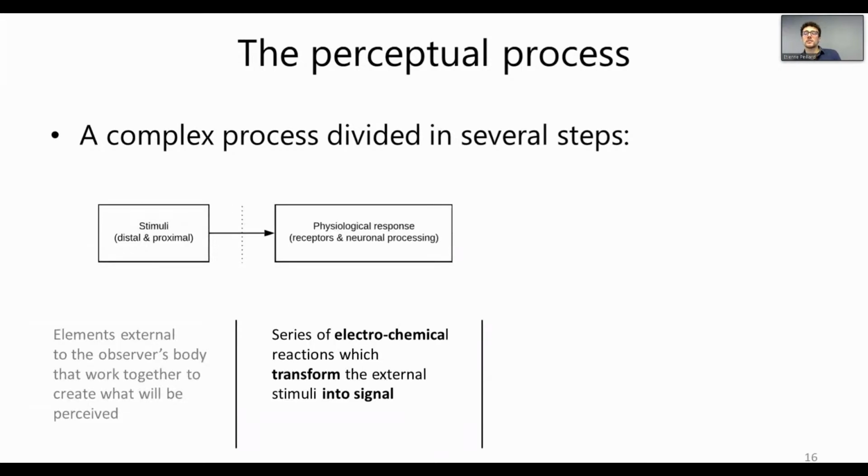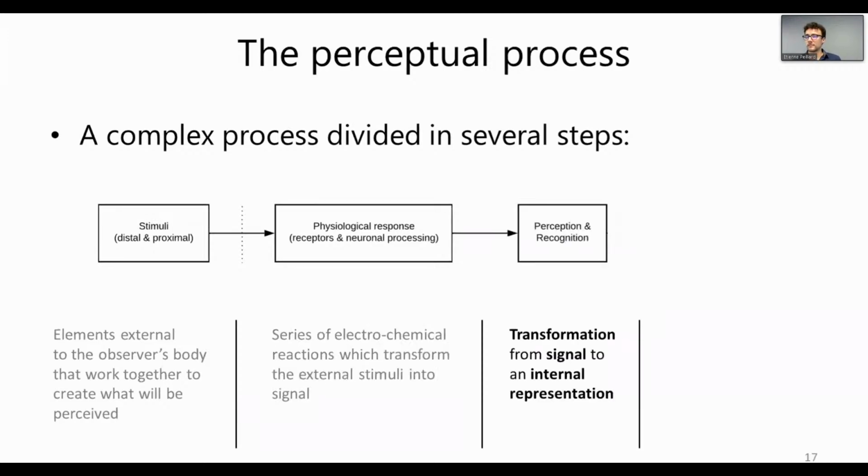Then are the psychological responses. These steps take place inside the observer's body and transform the external stimuli into a signal. Then, and it's where the magic of the human mind occurs, this electrochemical signal is transformed into an inner representation.